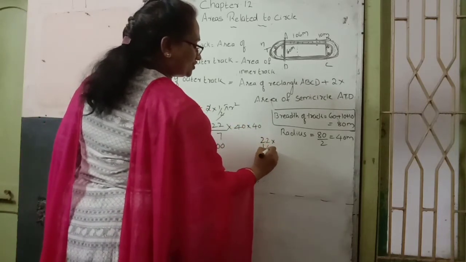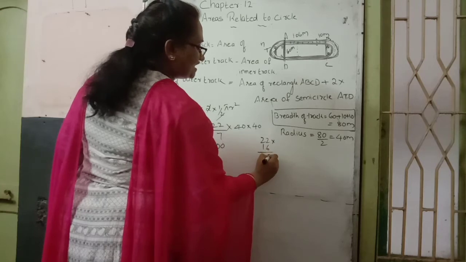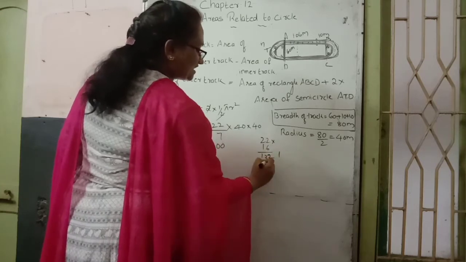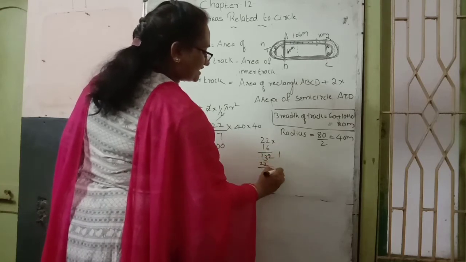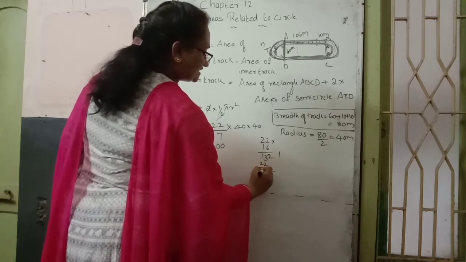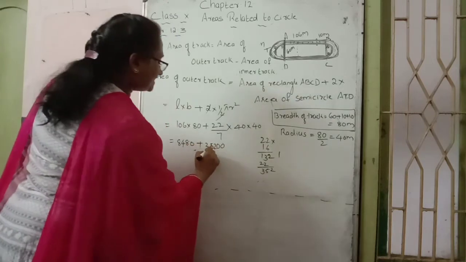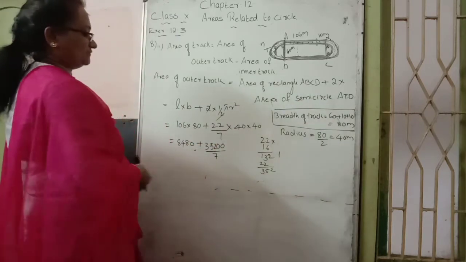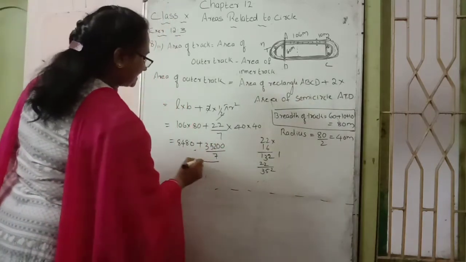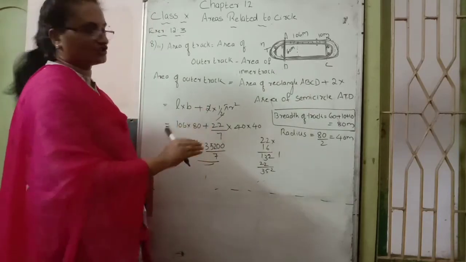So 22 into 16 becomes how much? Here we get 352. So we get 35200 divided by 7. Up to there is enough, later we can calculate.